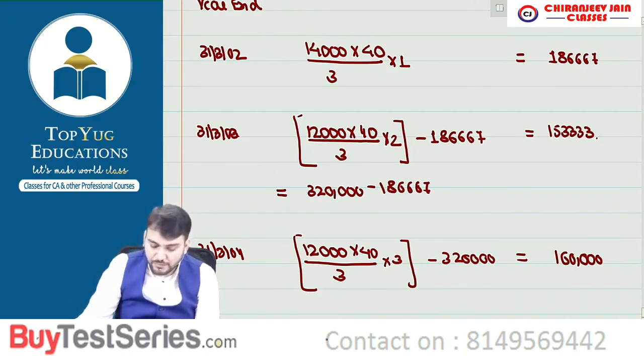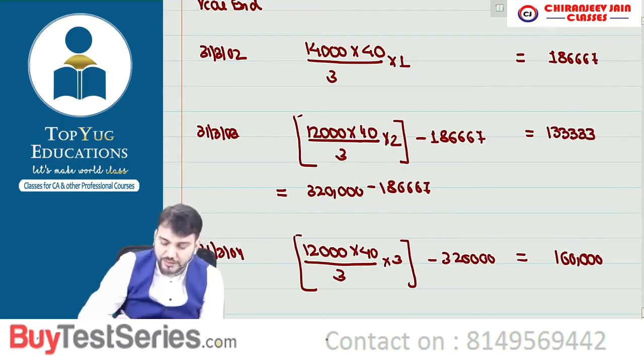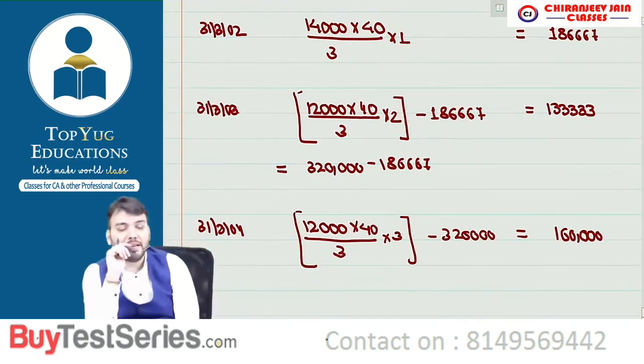Is there a mistake? 3,20,000 minus 1,86,667 is 1,33,333. My mistake. Okay? Now okay?